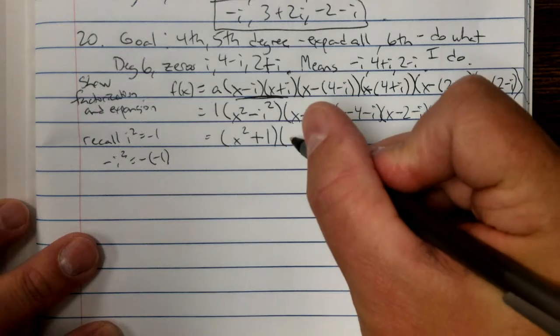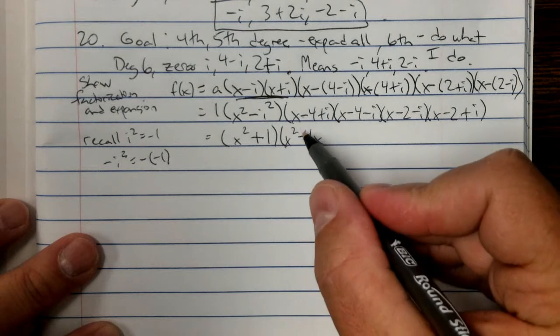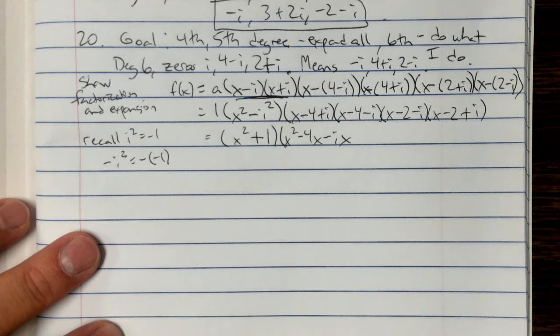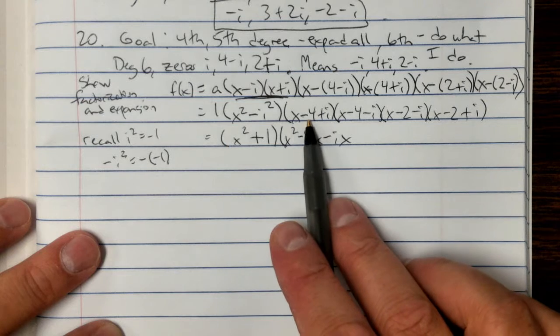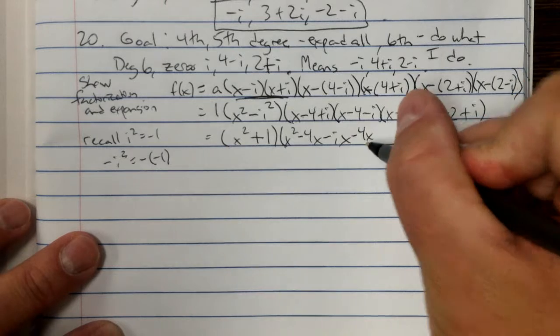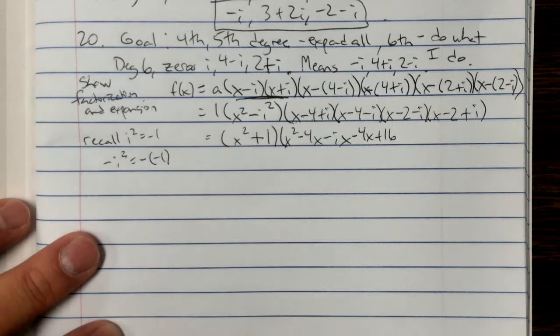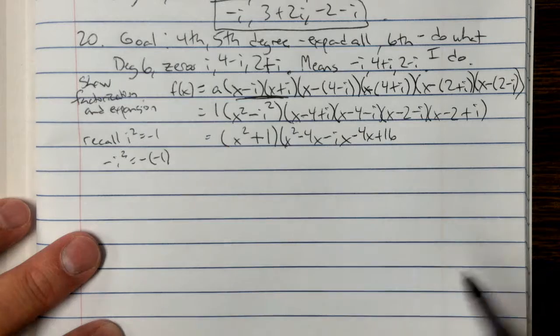So this would be x squared minus 4x minus ix, and then the negative 4 to everything, so negative 4 times x, negative 4 times negative 4 is positive 16, and negative 4 times negative i is plus 4i.